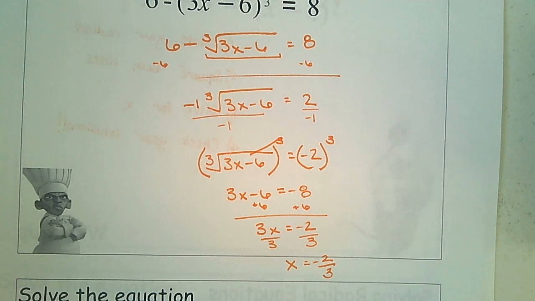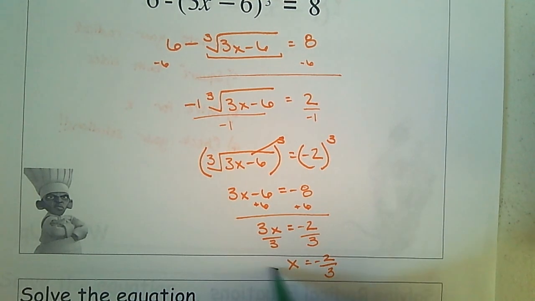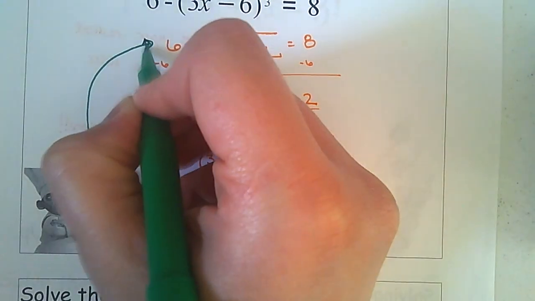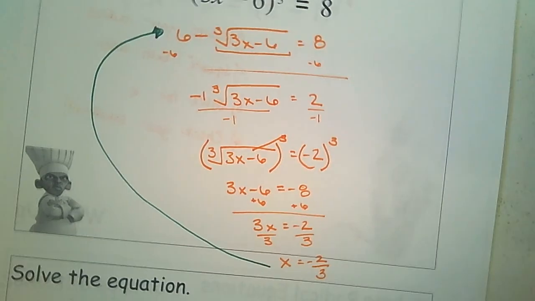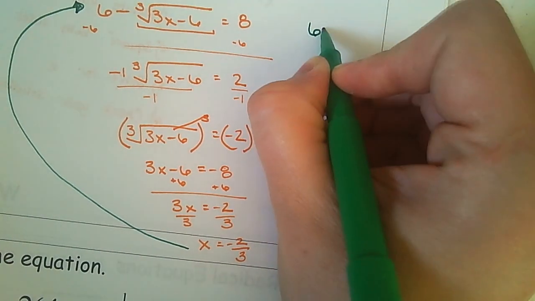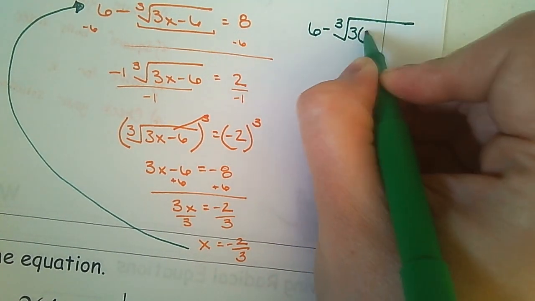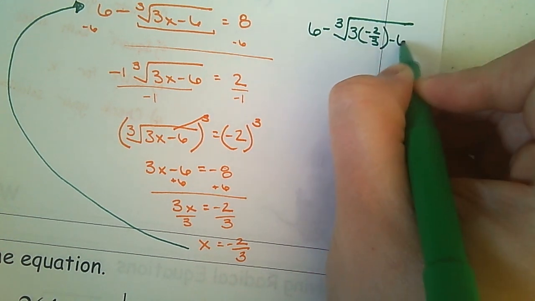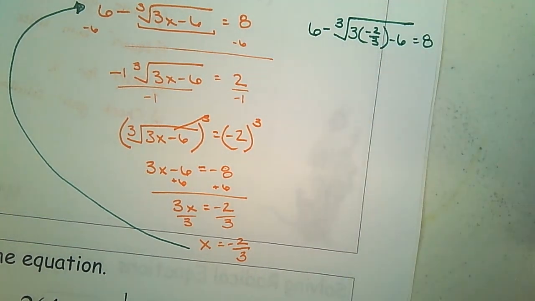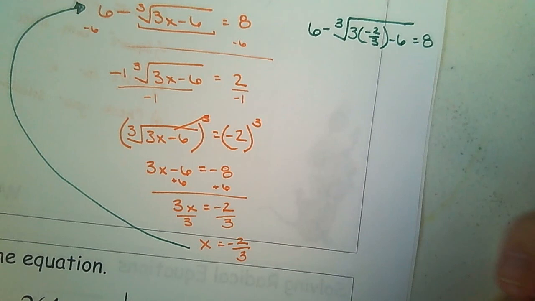Again, though, we need to make sure we check those. Step 4, we got to check it. And again, we need to plug it into our original equation. So let's go ahead and do that. Let's see here. So let's go ahead and clean up our root first.